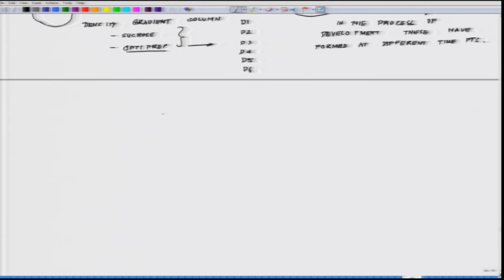I make 6 different densities, I take OptiPrep. I am not taking sucrose for a reason. There are issues and I do not want to get into that. I take X amount of OptiPrep and I use a buffer where the neuronal cells will survive, and Y amount of buffer.